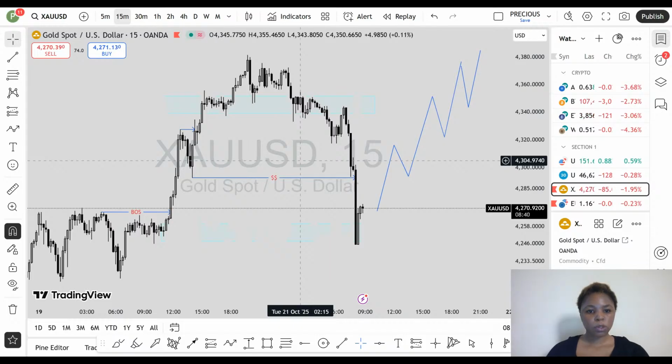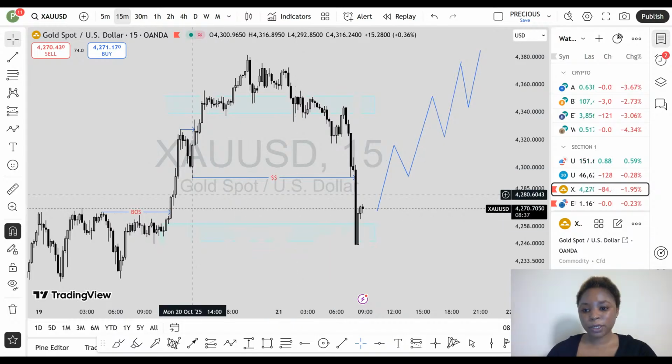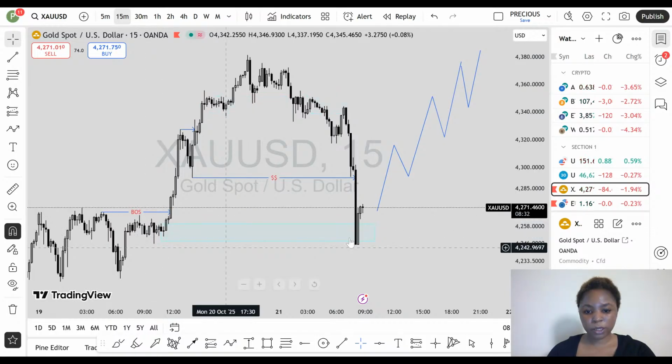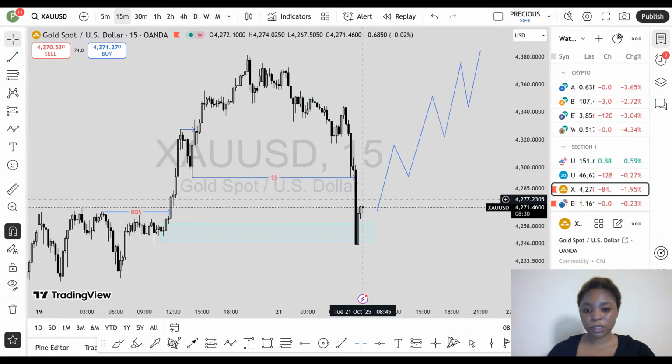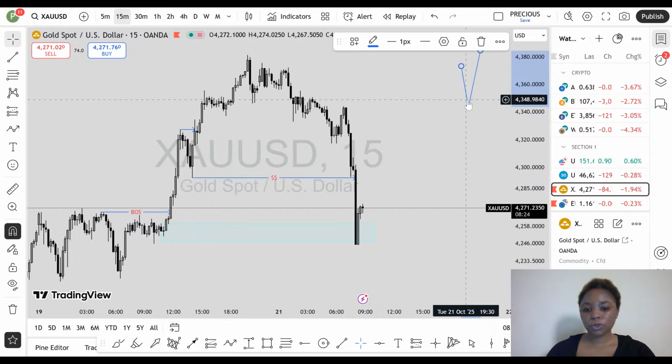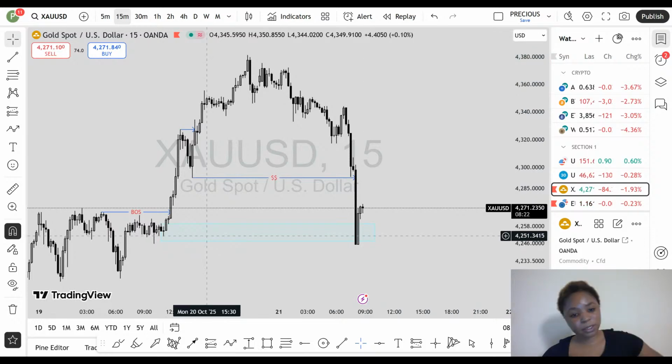So now that we are in a bullish market on gold, you can see market came to respect our order block here and is giving us a good reaction from this level. We are now waiting for an internal break of structure to the upside because market has already mitigated here.